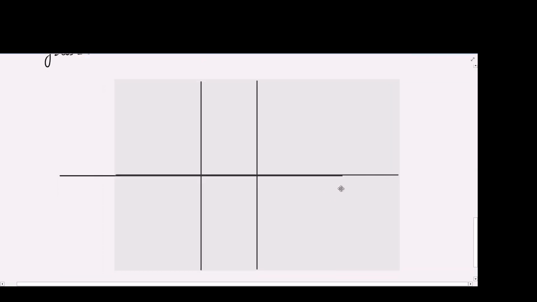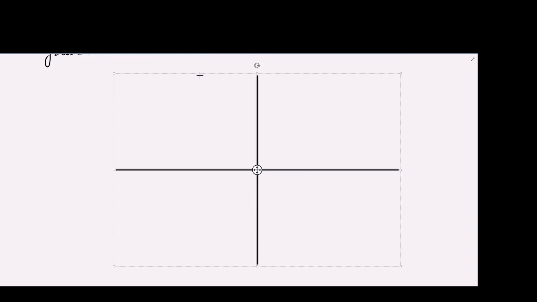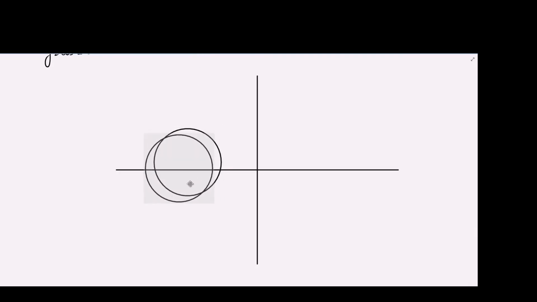Now we have a plot of cosec theta, y equal to cosec theta. Draw a horizontal line through the circle.